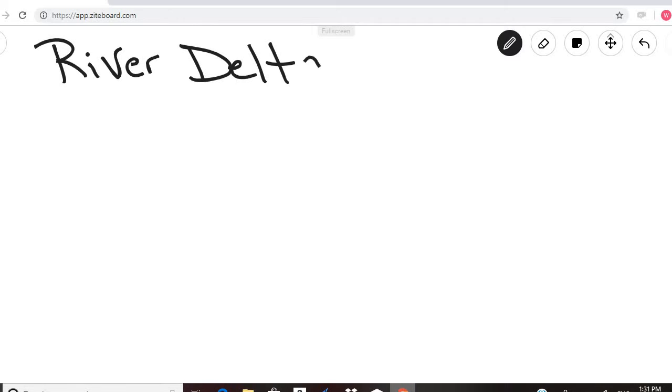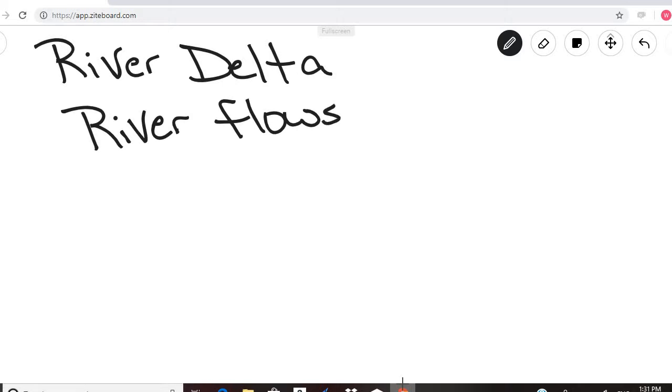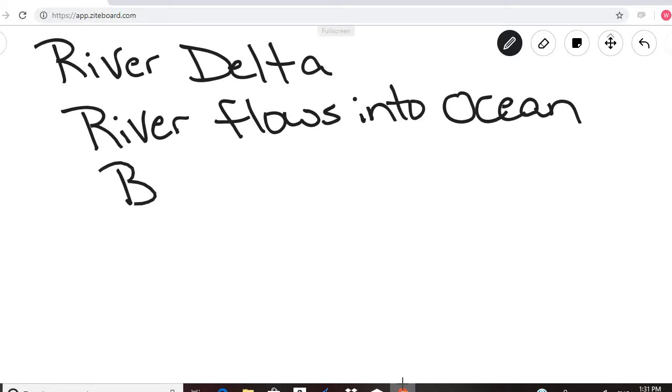Okay, another type of estuary is a river delta. This is where a river flows into the ocean. And what happens when a river flows into the ocean is that the banks get eroded.